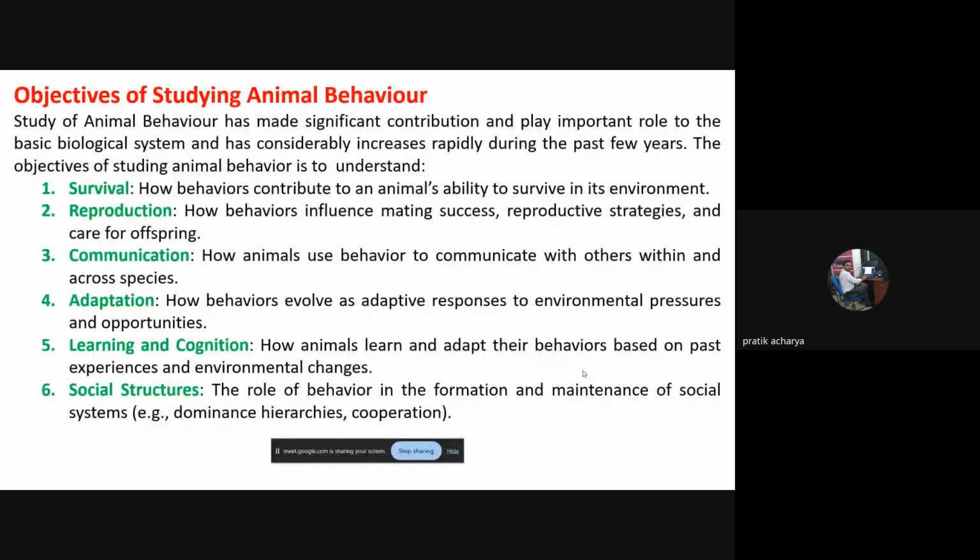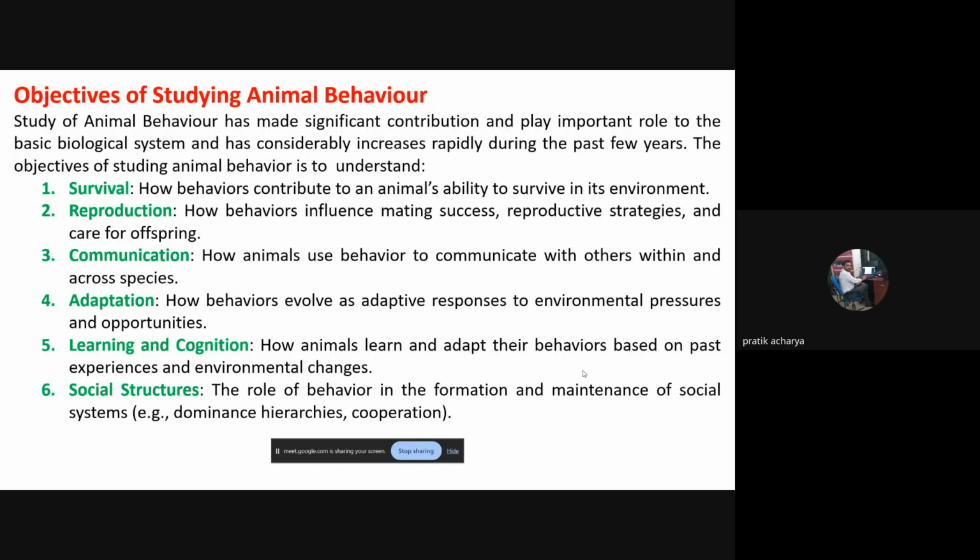And social structure. Social structure maintenance is very essential for all organismal groups, because without social organization and cooperation between organisms, which is very essential for survival, it is not possible.